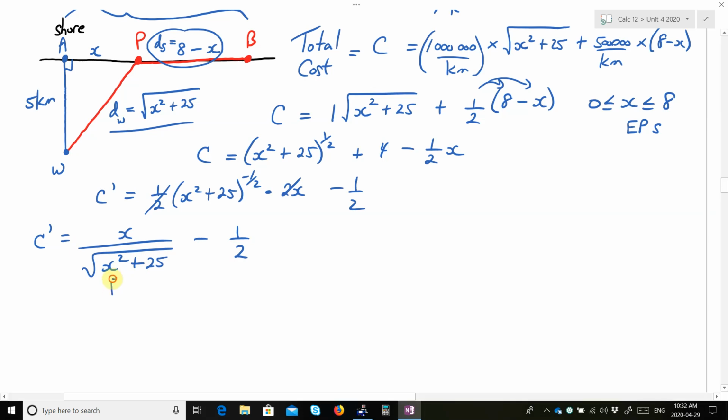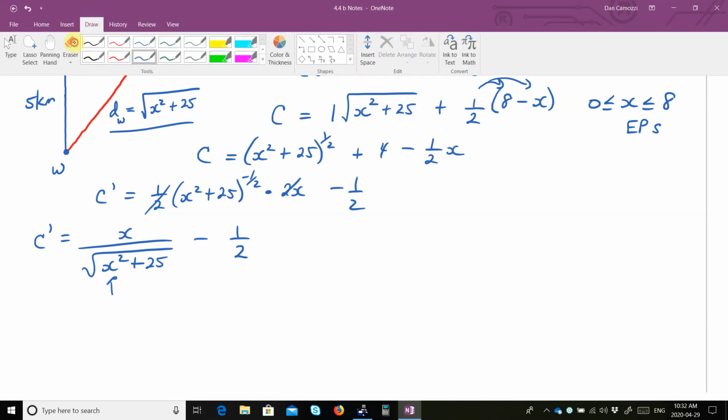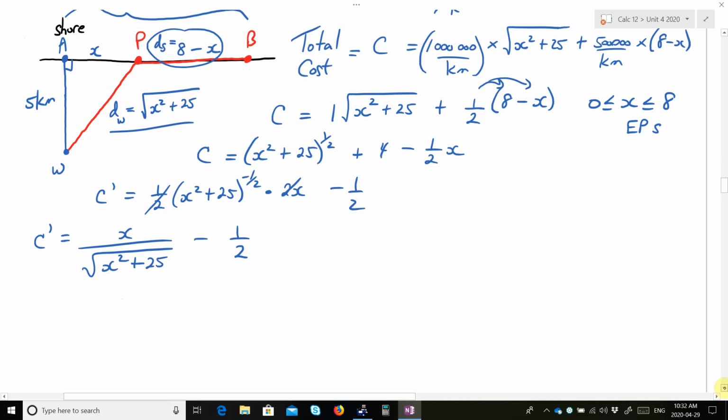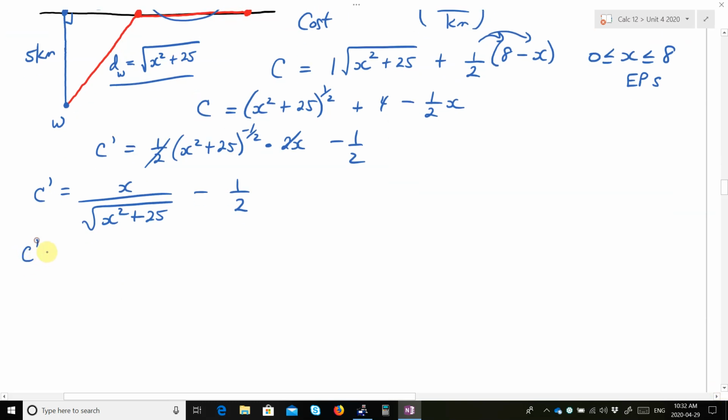There's nothing I can put in here for x that will make that expression on the bottom 0. Okay. So we don't have to worry about c prime not existing. So c prime equals 0 implies that we set this equal to 0, which means that x over the square root of x squared plus 25 equals a half.